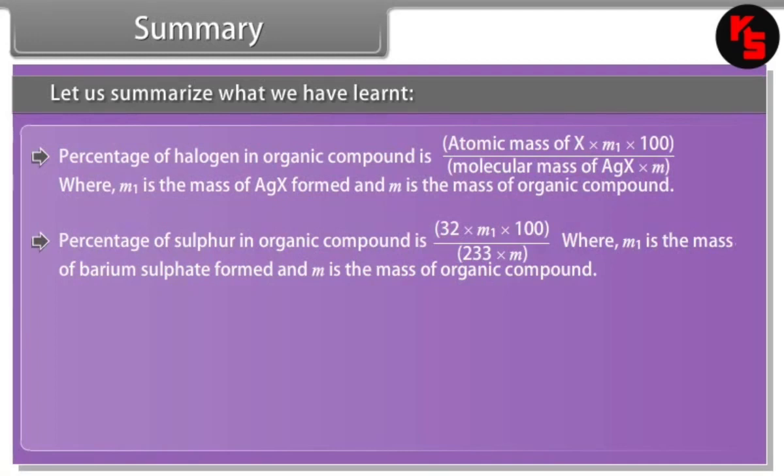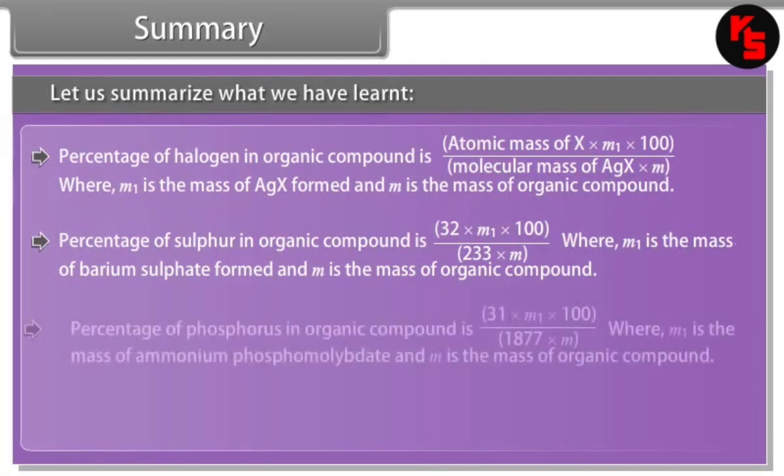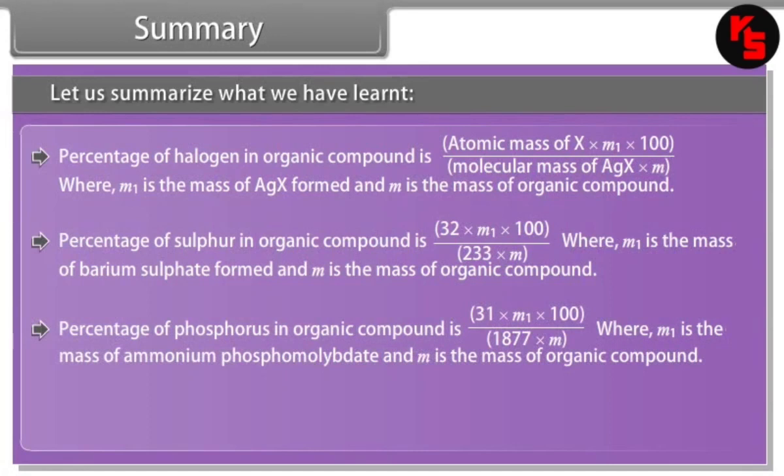Percentage of phosphorus is 31 × M1 × 100 divided by 1877 × M, where M1 is the mass of ammonium phosphomolybdate and M is the mass of organic compound.